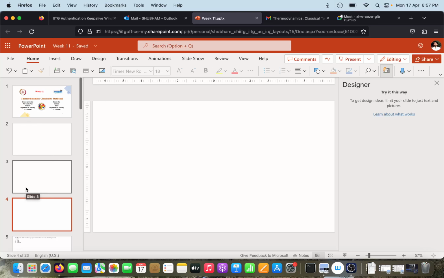T2 is minus 10, that is 263, and T1 is 273. So 263 divided by 273, and the log, multiplied with 36.82. This is minus 1.37 joule per Kelvin per mole.